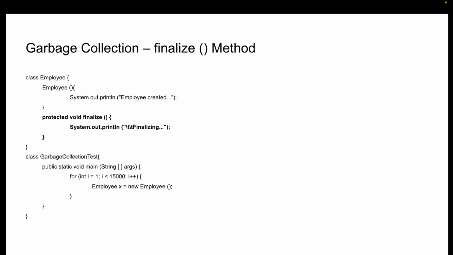You need to perform some operations on the file, and that also needs to be closed once it is used. So Java has a finalize method which does that for you. Means you can close all your resources using this finalize method.